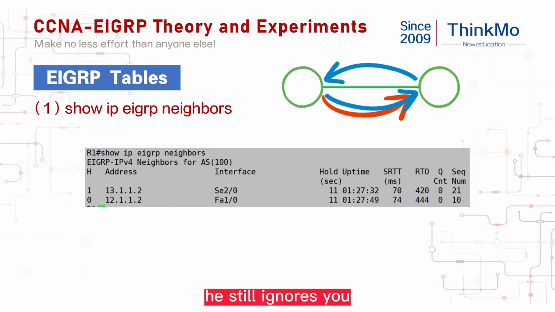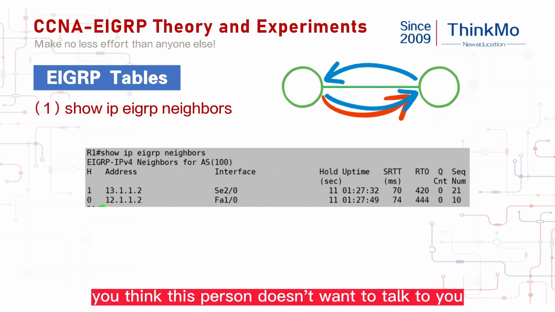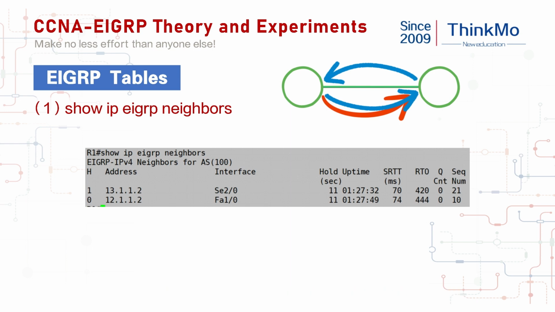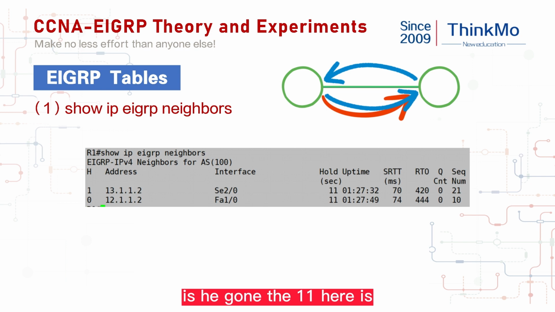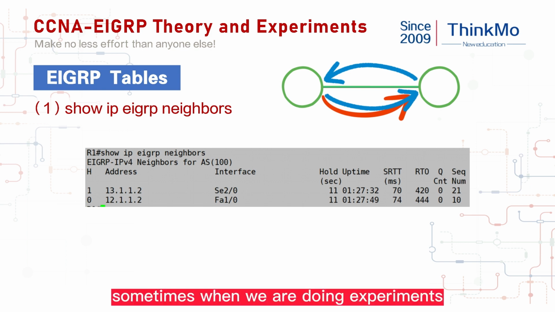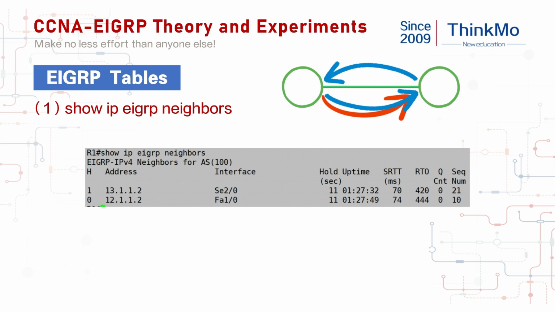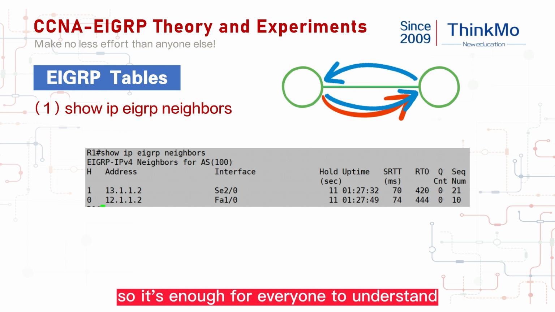He still ignores you. 15 seconds passed. You think this person doesn't want to talk to you, doesn't reply to your message. Is he gone? The 11 here means it's been 11 seconds now and the device has not received a hello. Sometimes when we are doing experiments, this parameter is not particularly accurate, so it's enough for everyone to understand.